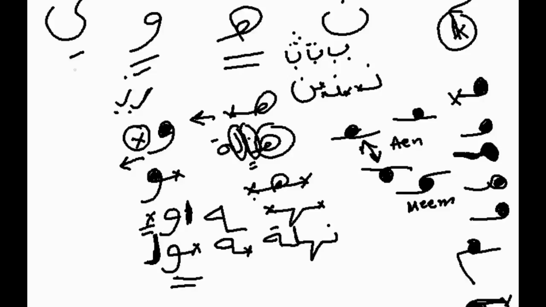Now yeh will be actually similar to noon, ba, ta, tha that we discussed earlier. It will be like this at the beginning of the word with two dots.